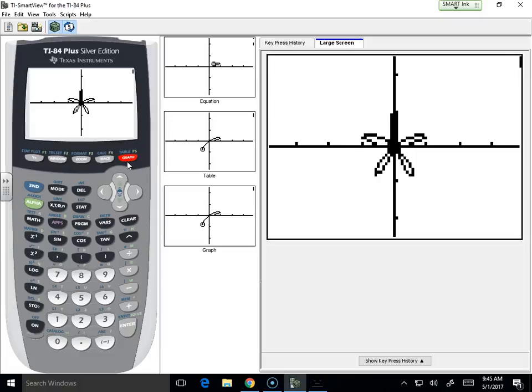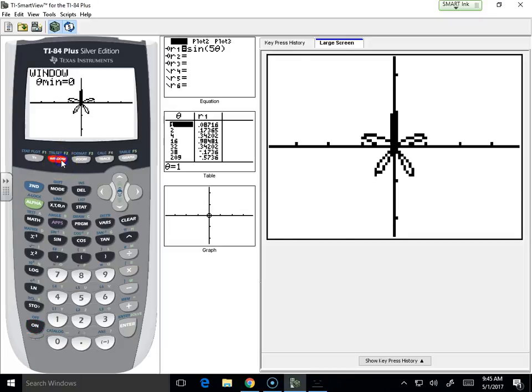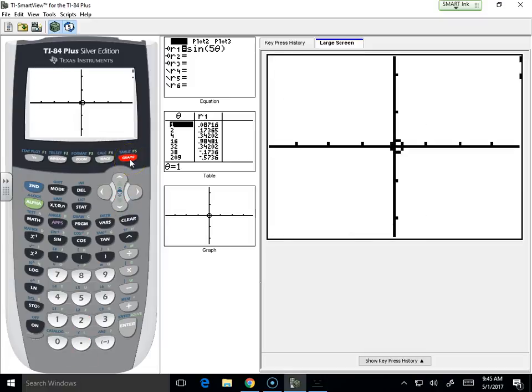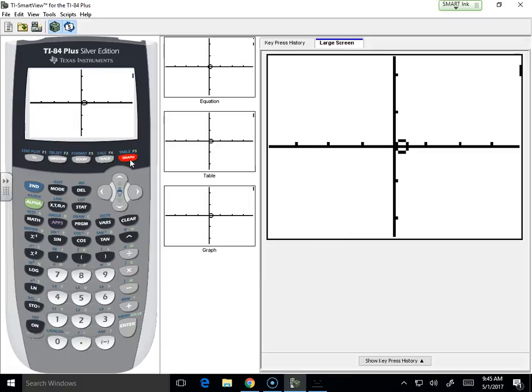But in degree mode, if you were instead to go to point 2, like that radian thing, guess what? It's not that it's not going to show anything, but how long is it going to take? Forever. So at least you have an idea of theta min, theta max, theta step for tomorrow before we start.